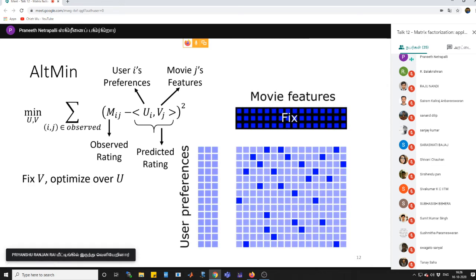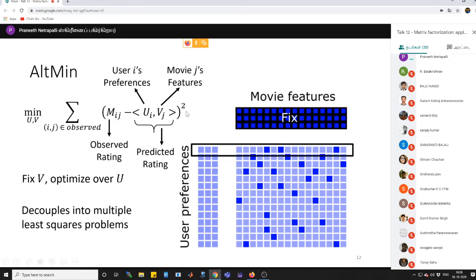Now, how does the alternating minimization algorithm proceed? It first fixes V transpose, the movie features, right? And then it only optimizes over U. Here you can notice that once you fix these, this optimization problem decouples into several different optimization problems, one for each row of U. So you look at all the entries in the ith row that you have observed, right?